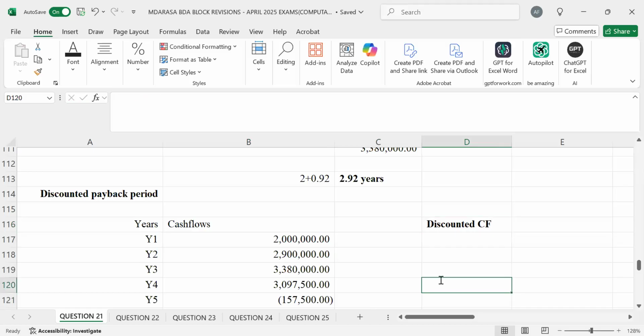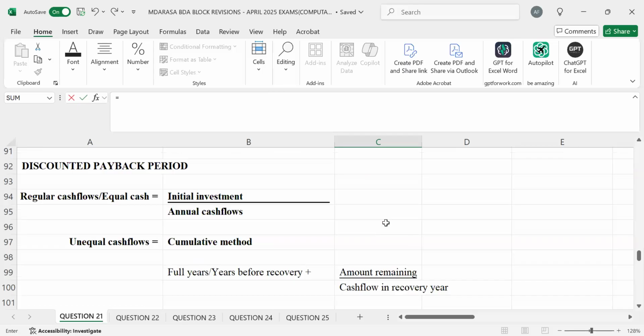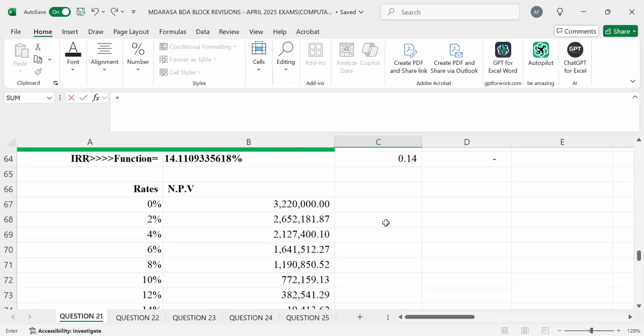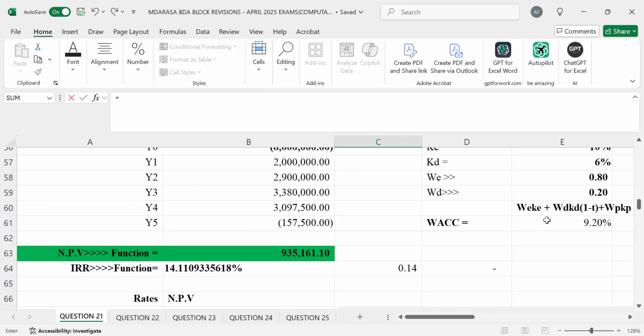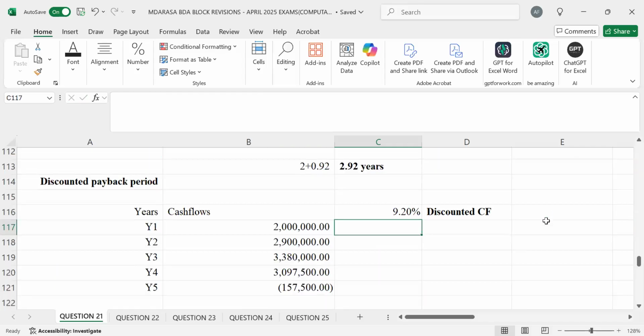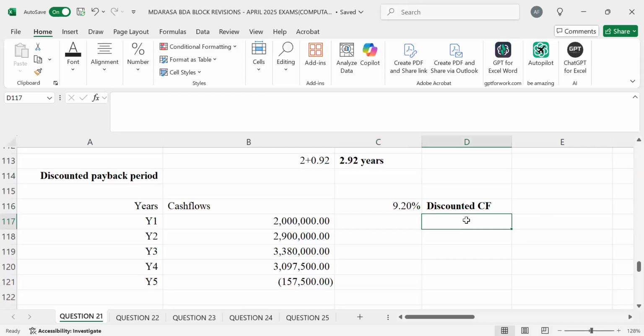Given our rate, we can easily determine our discounted cash flows.